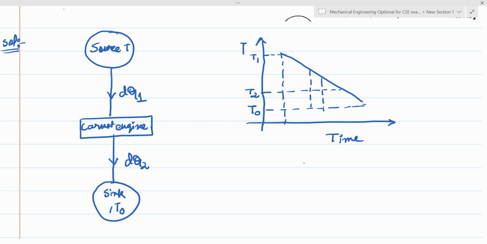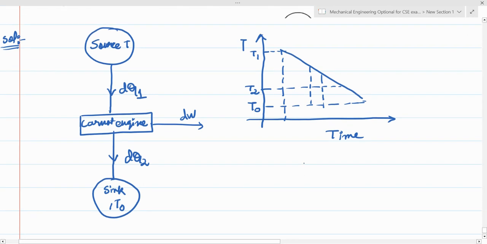Now consider this Carnot engine as it is shown in this figure. Now we assume that the source is at temperature T and the temperature changes by dT while doing some work dW. So some temperature change dT is shown by this.